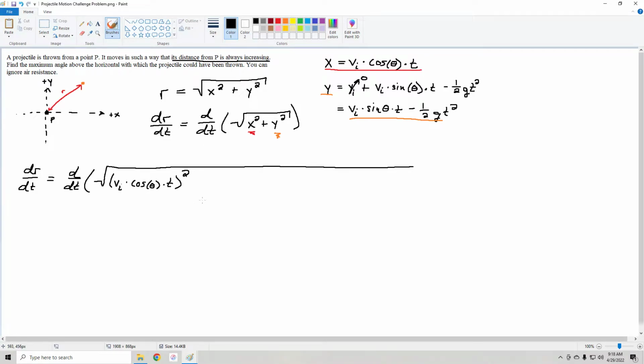Okay? And then we need to add v initial times sine of theta times t, and subtracting 1/2 gt squared. And that quantity is squared. Okay? So that is what we are essentially taking a derivative of.